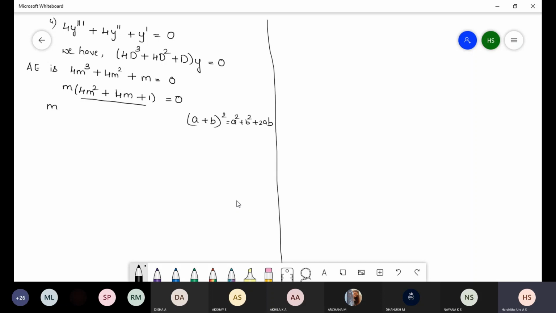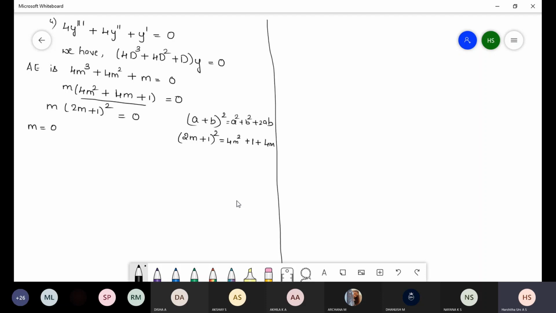So here in the place of a I will write 2m, plus b is 1, whole square. 2m square means 4m square, plus b square means 1, plus 2 into a into b means 4m into 1 is again 4m. So here I have underlined that term, we can write it as m into 2m plus 1 whole square is equal to 0.